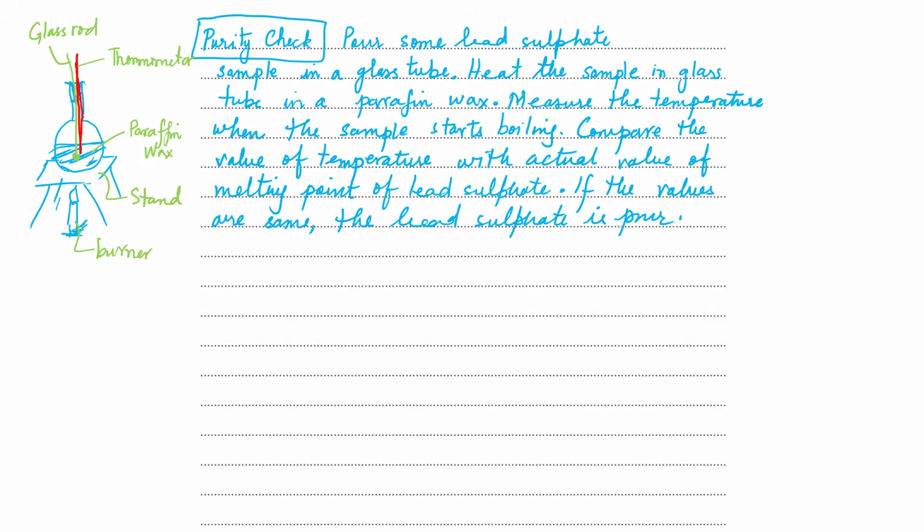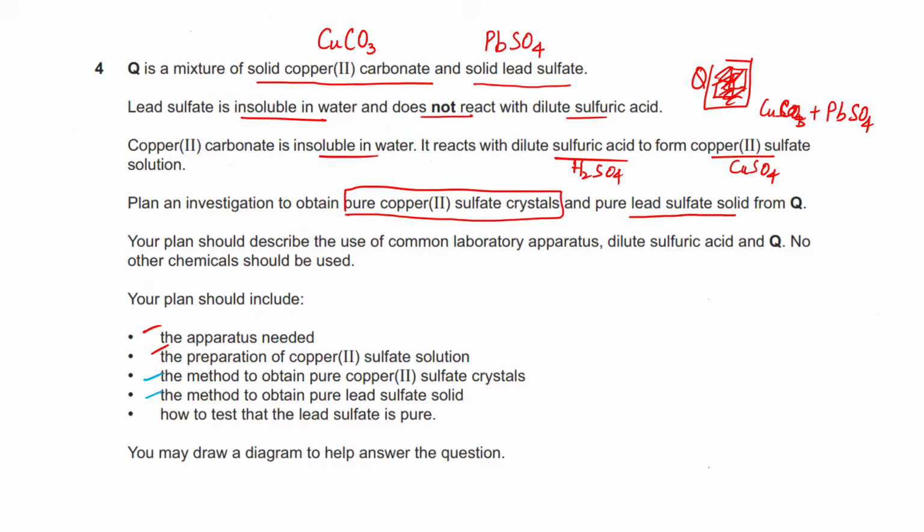So when we observe the material, and when it starts melting, we measure the temperature and then compare our recorded readings with the value we have in the data sheets available to us in lab. And if the temperature aligns, it means that we have a pure substance in front of us. Okay, so this is how this last part is done.